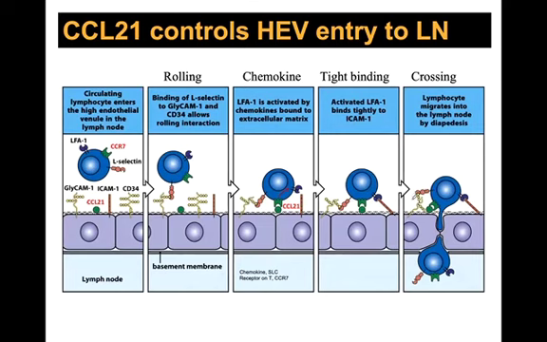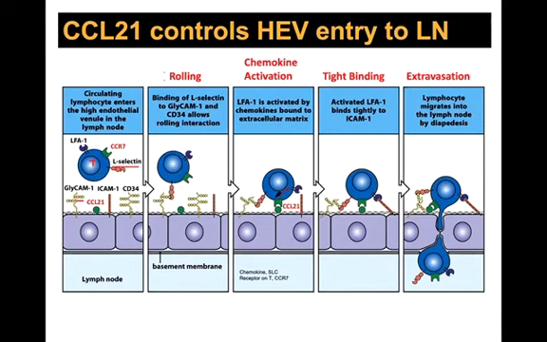So when we include those in this sort of rolling and sticking and then activation, tight binding, and diapedesis, here's our T cell that's rolling along, and it's using L-selectin to bind to the Sialyl-Lewis X structure. That's the low affinity interaction that causes this rolling.